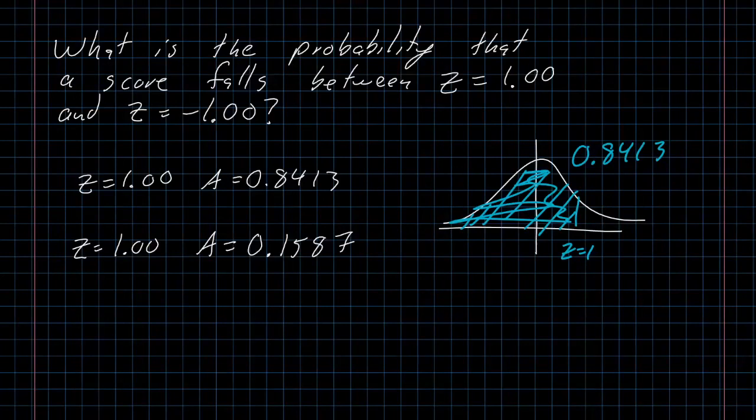Then if I graph z equals negative 1, and my negative got lost when I wrote that down over here. Sorry about that. When I put in z equals negative 1, that gives me the area of all of this.